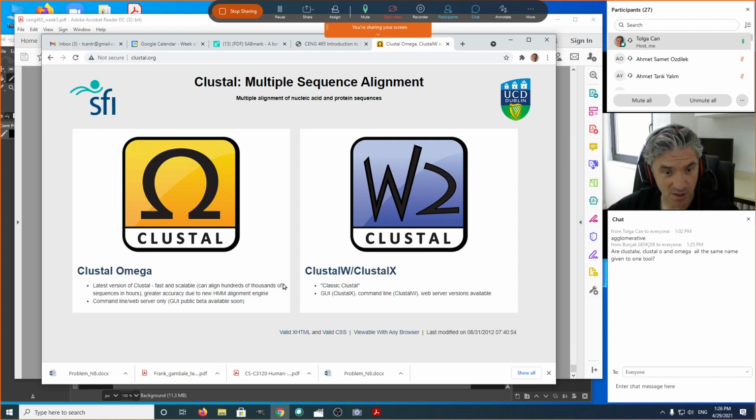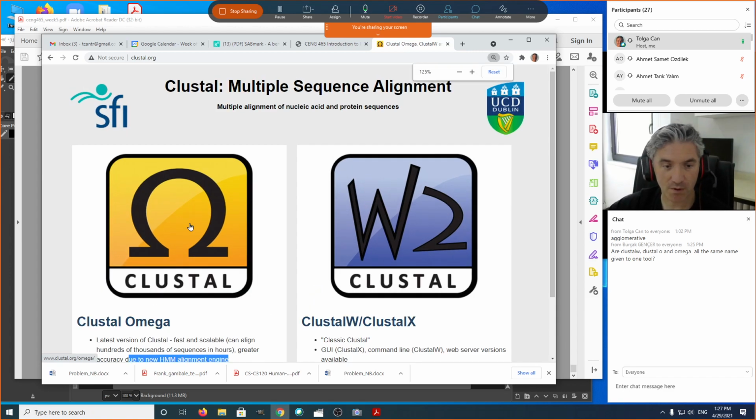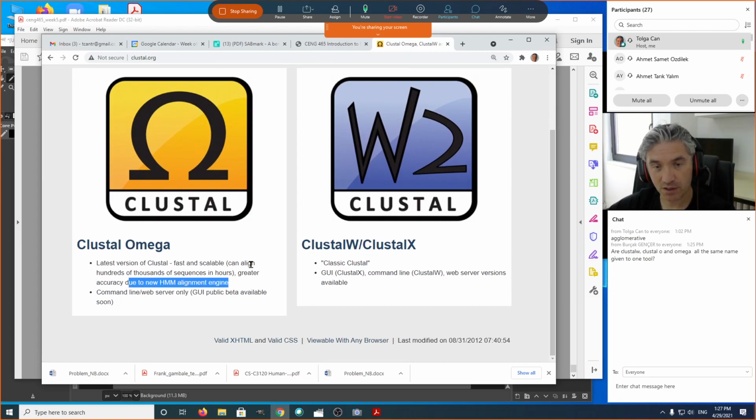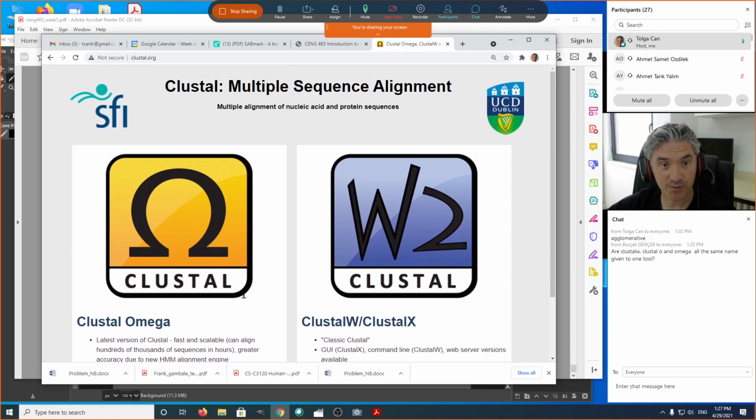It's fast and scalable, can align hundreds of thousands of sequences an hour, with greater accuracy due to a new HMM alignment engine. So this one uses hidden Markov models. Clustal Omega right now is just command line and web server, but just like Clustal X, a GUI is going to be available soon. This is what they say, but they're different tools.